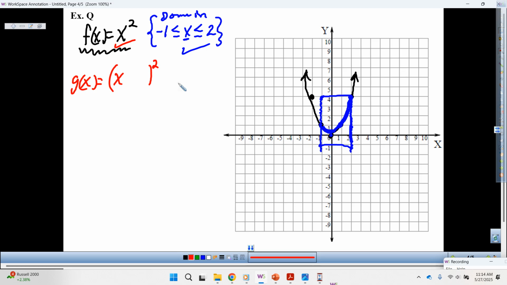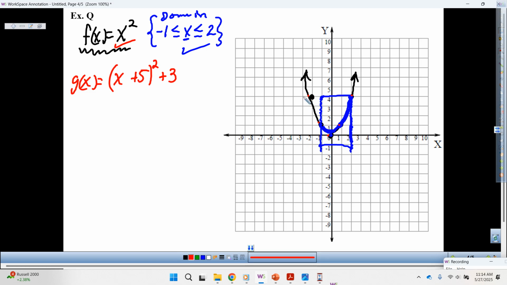All right, show your neighbor what to write. Then Ashlyn's going to enlighten us. 5 to the left, 3 up. All right, Ashlyn, what do I write? +5 and +3 outside. So that means we're going to take 1, 2, 3, 4, 5 points, move them 5 to the left and 3 up.